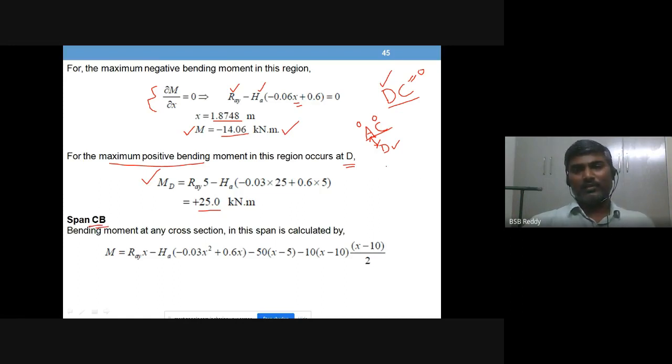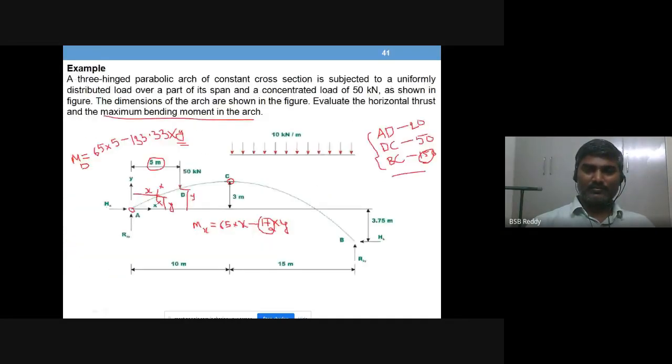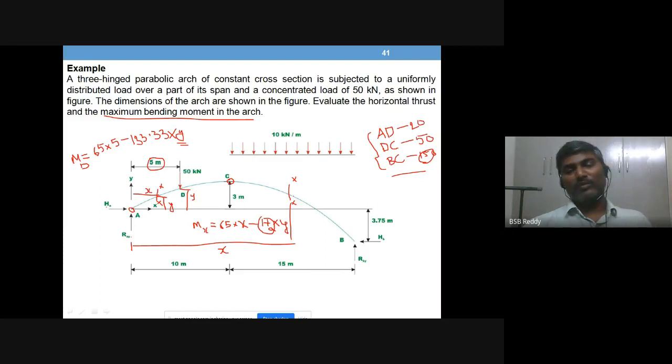Okay, right. Now coming to portion BC, the right half of the arch. Take a section anywhere in that region, XX you say, measured from A. Now you are writing the sum of all moments to the left of this section.